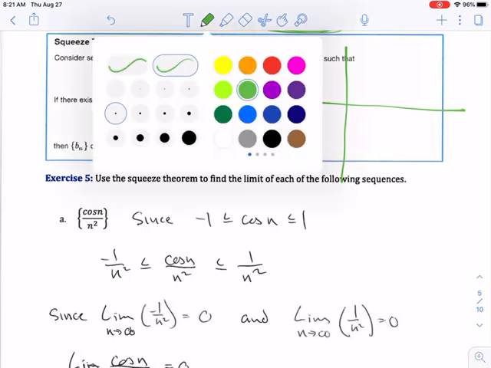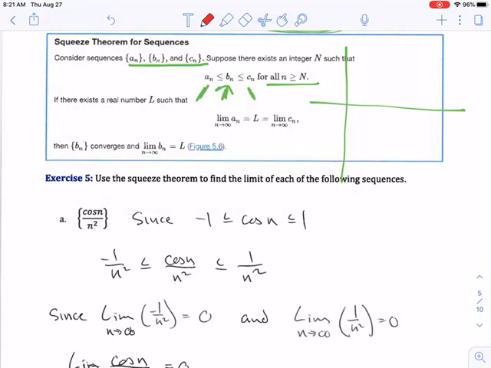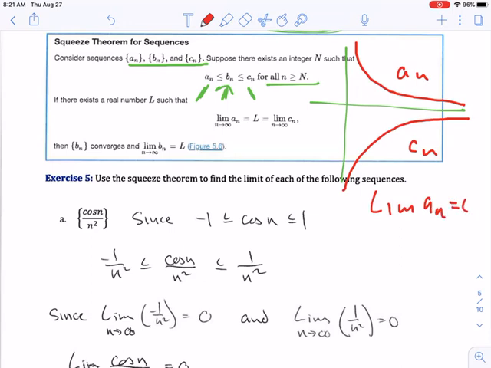So if you had one function that's doing this and another function that's doing this, they're both converging to 0, okay? So here's my a sub n, here's my c sub n, and they're both converging to 0. So the limit of a sub n is 0.